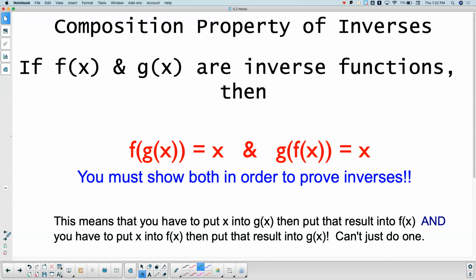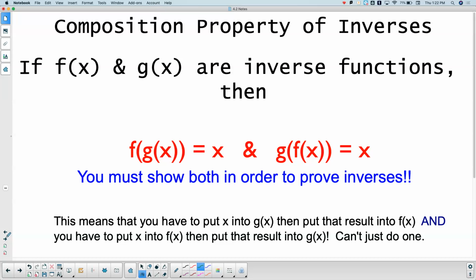What that means is you're going to take g of x and put it in f where x was, any spot where x was. Do the math, and in the end, you should just get x left over.